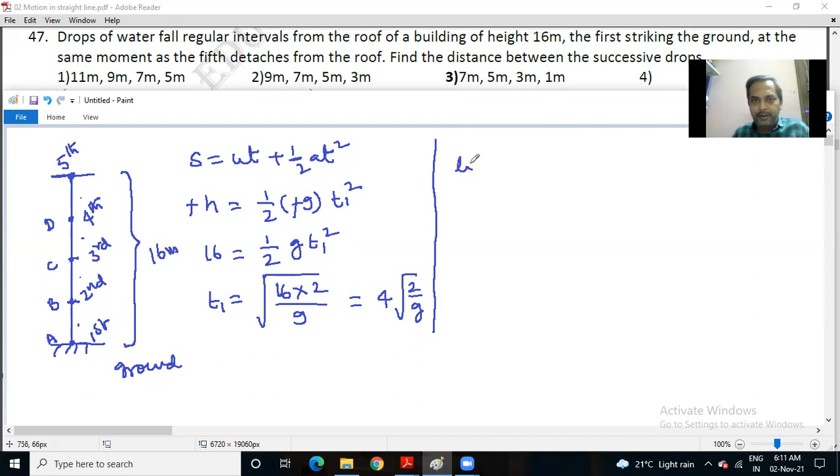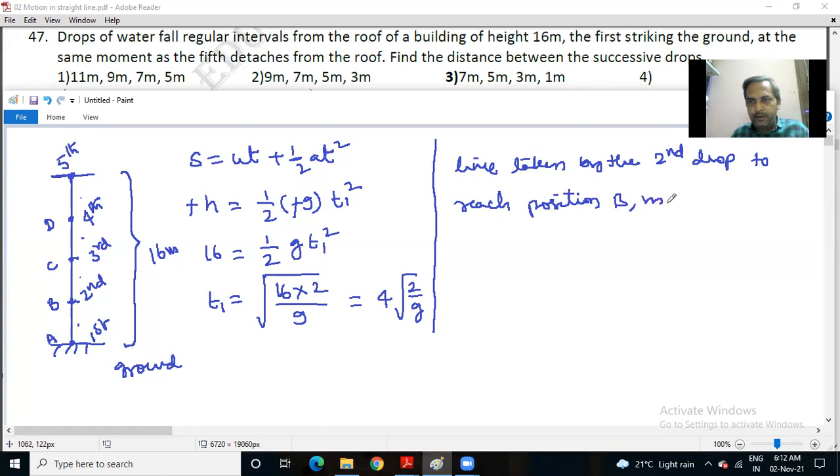So the time taken by the second drop to reach position B will be 3/4 of the total time taken by the first drop.